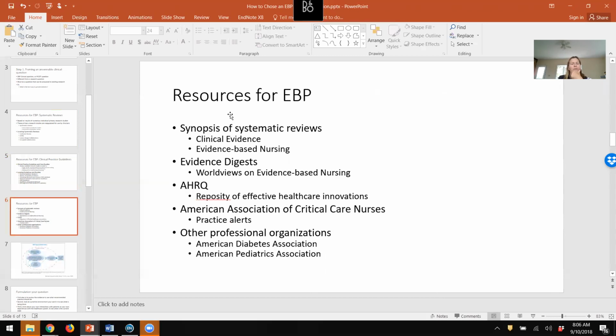So resources for EBP, you can look at different synopses of systematic reviews in Clinical Evidence, Evidence-Based Nursing. There are all these different publications.